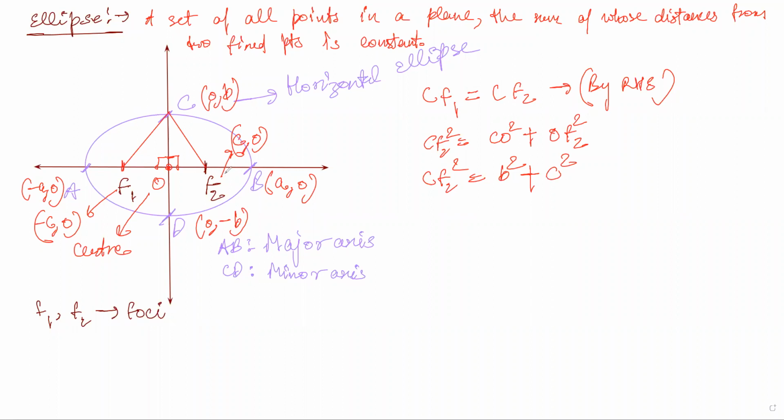So the length OF2 is c. Hence this length is root over b square plus c square. This length is root over b square plus c square. Guys, ask me if you have doubt anywhere, please feel free to ask.